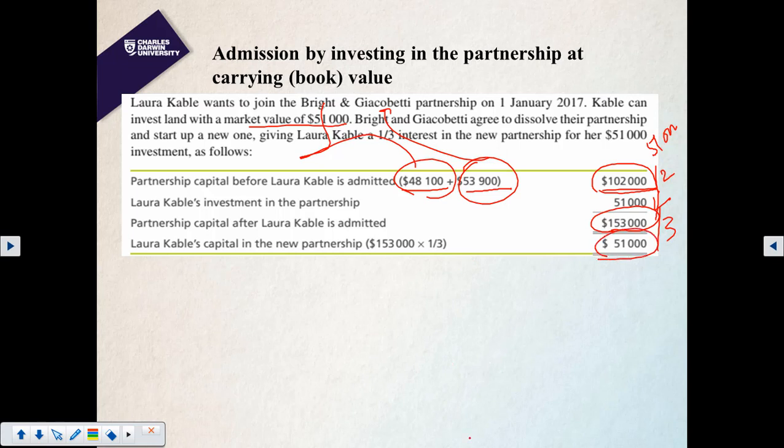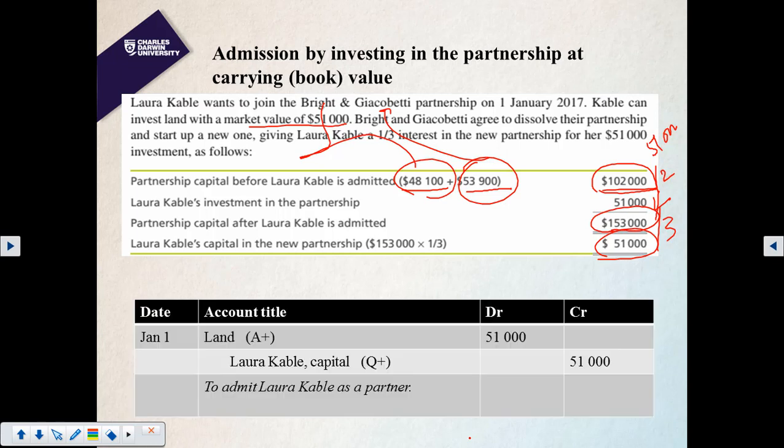Is that okay? So a partner just comes, the business is probably going normally, they don't need anyone, or if somebody comes, they don't mind. There is no surplus or shortcoming here. Only the partner is coming, whatever he is contributing, he will get the same amount. So his capital is going to be, land is going to be debit, the business is now getting a new land, and with his name we open an account, that is capital, $51,000. Is that okay?